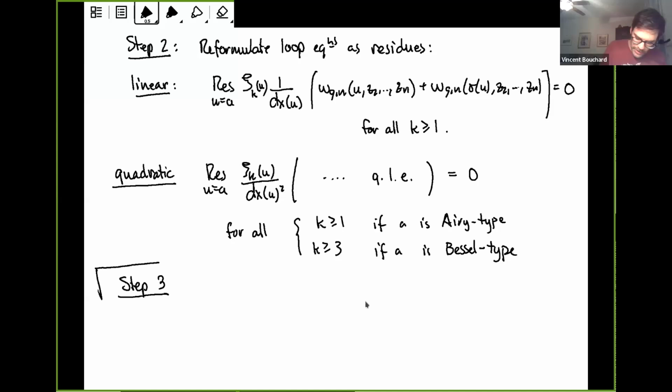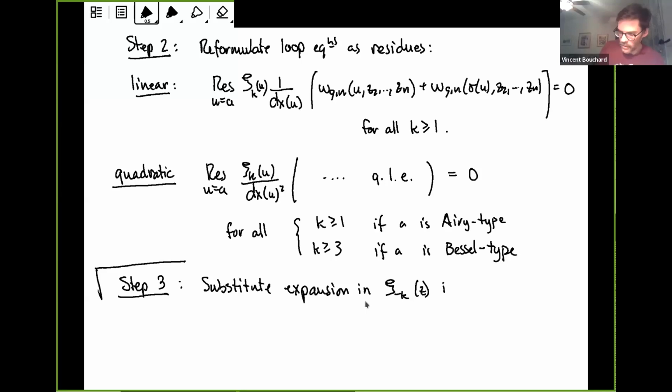But the key step is step 3, or at least, I guess step 4 is the key step. Step 3 is important too. Now we're going to substitute the expansion that we just used in the x's. You have these x's, and you substitute them in the residue formula that I just wrote above, and that will give recursion relations for the coefficients.